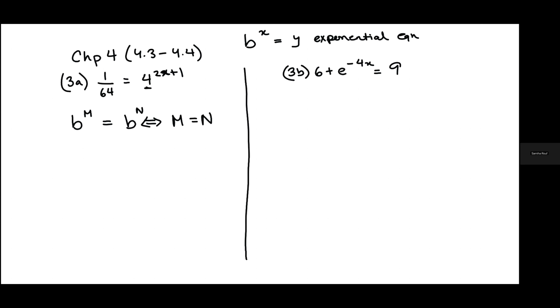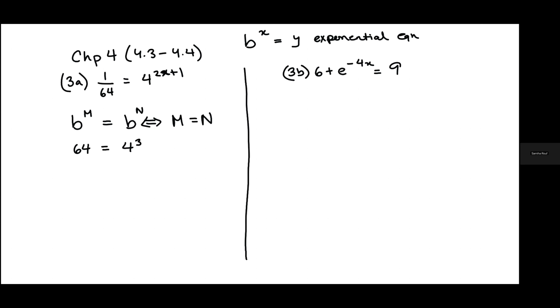Now, what this tells us is we have to think about, is it possible to make 64 base 4? And the answer is yes, because 64 is equal to 4 cubed. If you're unsure of whether or not it is possible to get the same base, just look at your equation, see what the smallest base is, and then keep dividing the other number by that and see how many times it can evenly divide that number.